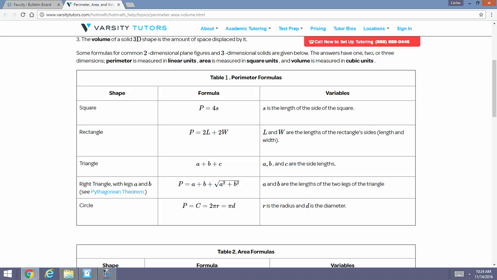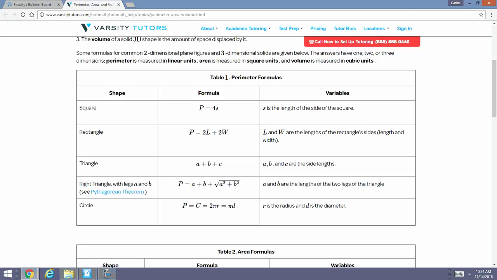Triangles, perimeter, you're just adding up all the sides. A right triangle with legs A and B, you could learn those, but these aren't that common right now. Definitely the circle, though, is very important. Circumference of a circle is 2 pi r.